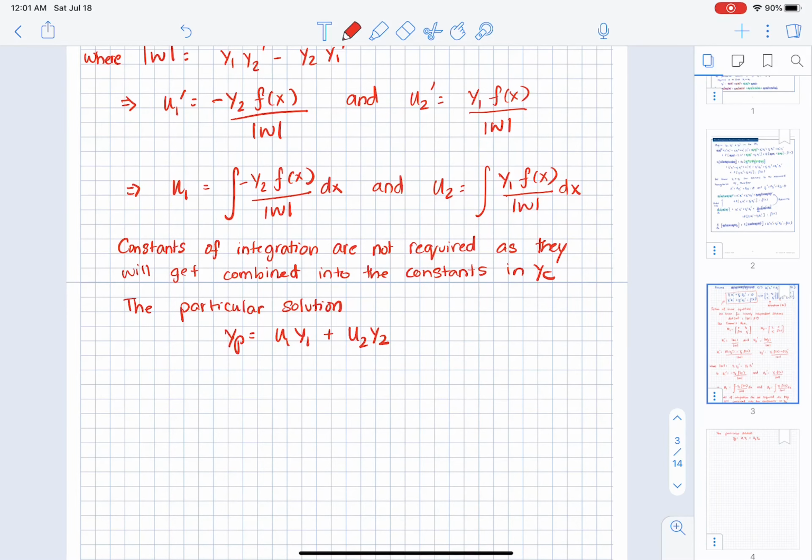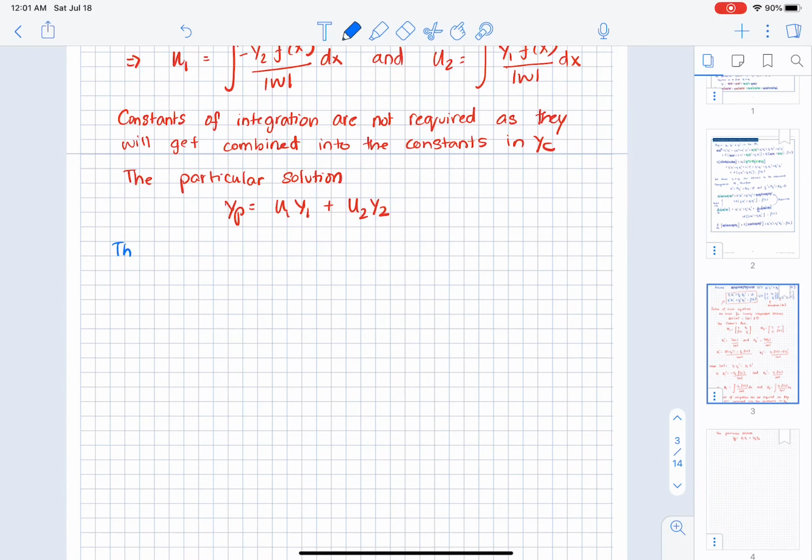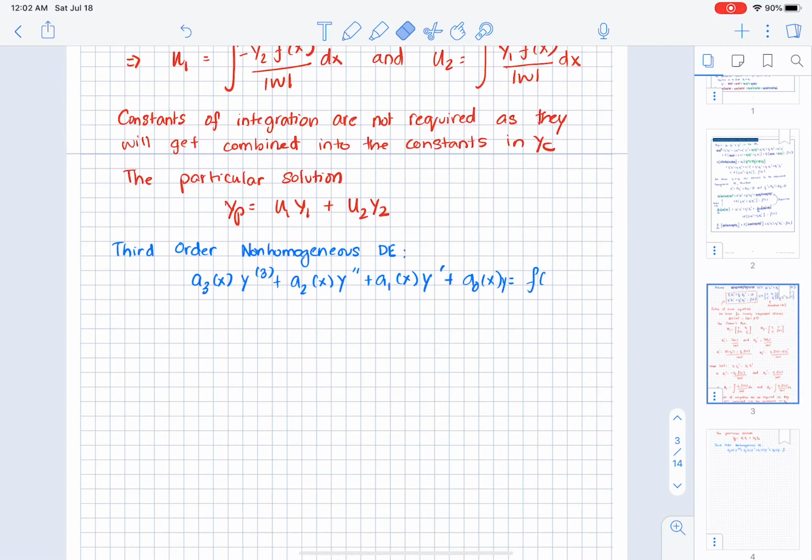That is it. Now, how do we extend this to a third-order equation? A third-order non-homogeneous DE would have a3(x) y triple prime plus a2(x) y double prime plus a1(x) y prime plus a0(x) y equals some function g of x.